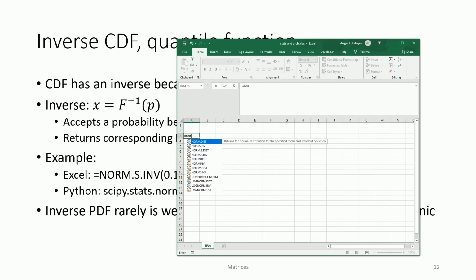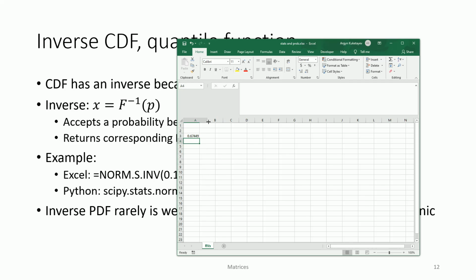The function is norm standard inverse, and let's plug the number 0.75. So we're going to get some number, 0.67 or something like that, right? So why don't we just take the same number and plug it into a CDF. So this was inverse CDF. And now let's get the CDF itself. The initial number was x. Let me take this.